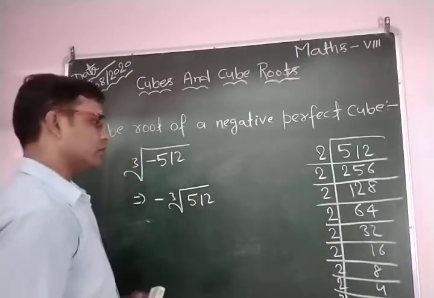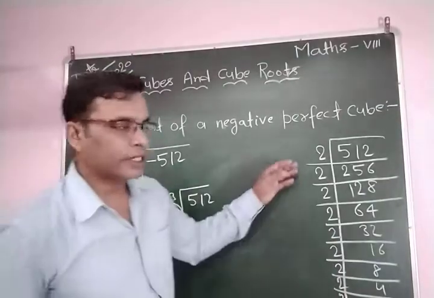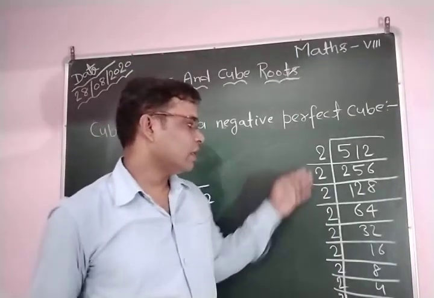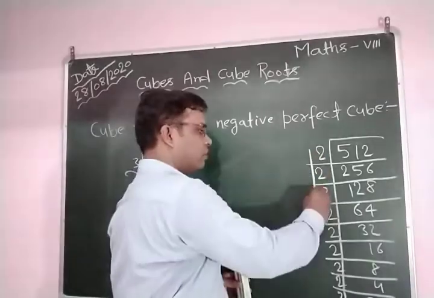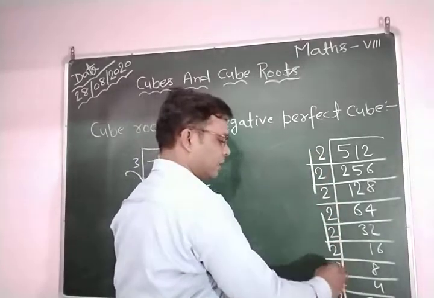So you can see the prime factorization of 512 is 2 nine times.